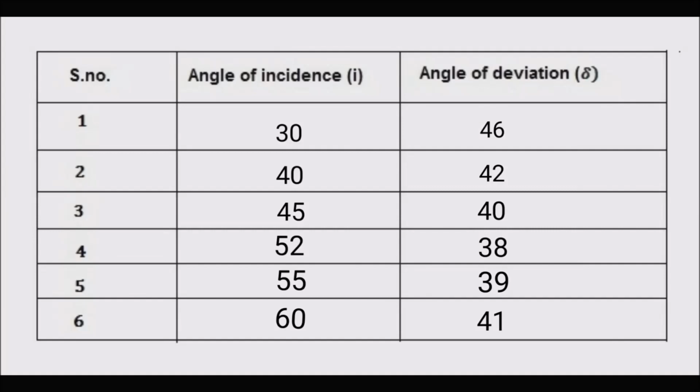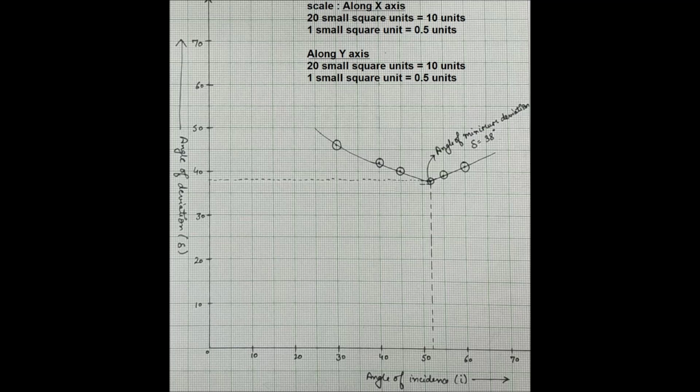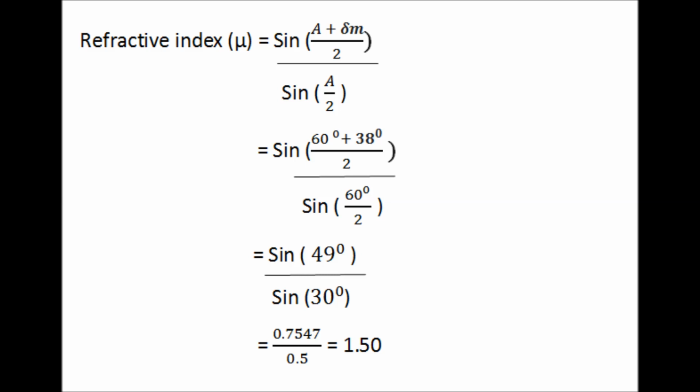We will plot a graph between these observed values for the angle of incidence and the deviation. We are taking i on the x-axis and delta on the y-axis. We have obtained this type of curve and have obtained the angle of minimum deviation equal to 38 degrees. Following these steps, we can easily calculate the refractive index of the material of a prism.